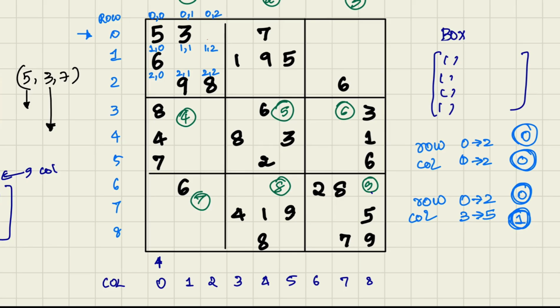So you get the idea, right? Let's just try the same for, let's say, box number 6. Here the column will range from 6 to 7 and the row will range from 3 to 5. I was looking at this area.